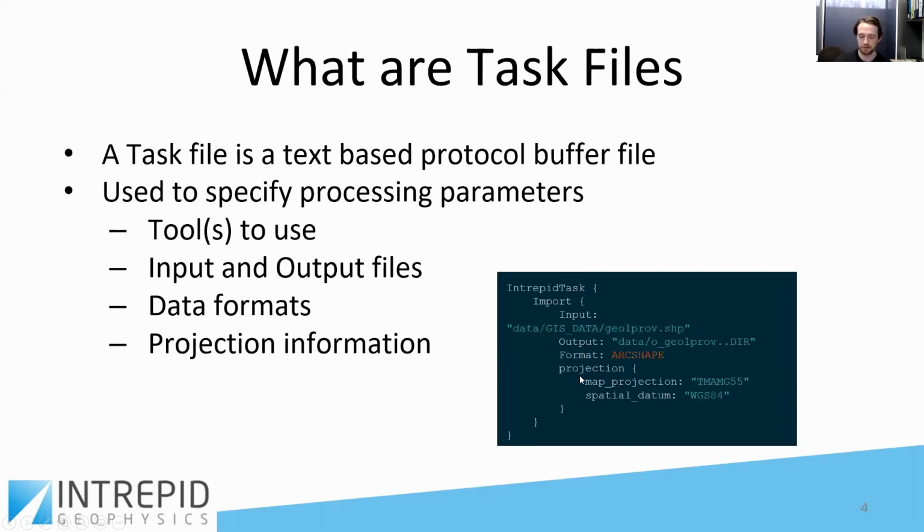Here we've got the projection information. So basically, it's identical to a job file. There'll be slight differences in the naming convention, but mostly that's just to clarify certain things that were maybe not as clear in the job files. But it should usually be a one-to-one replication of a job file and a task file. They should match quite closely.